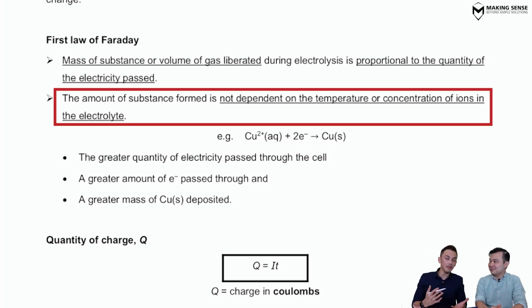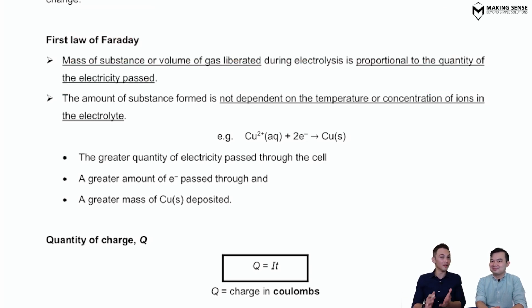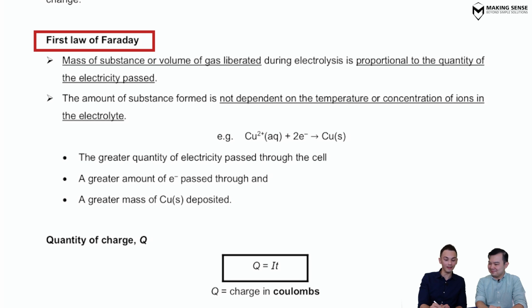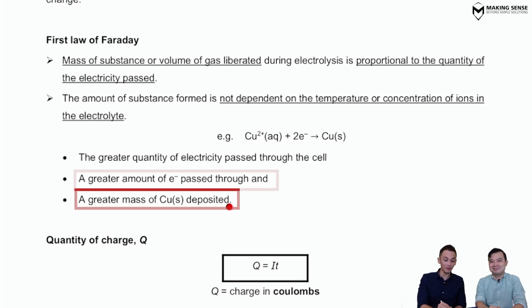So maybe increasing concentration could increase the rate of the reaction, for example. But we have to be very clear, the amount of product or the substance that you get ultimately only depends on the amount of electrons that is given. Which ties into the first law of Faraday, as you can see over there. So the more electricity you have, the greater the amount of electrons, and therefore the greater the mass of the copper that's being deposited.